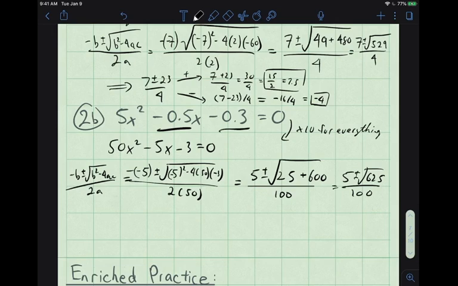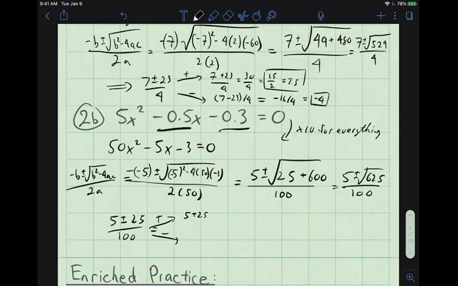I think that's 25. That's 25 squared. All over 100. Here are your two answers, minus and plus.